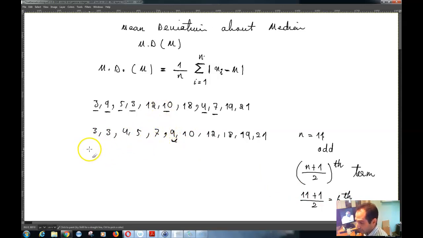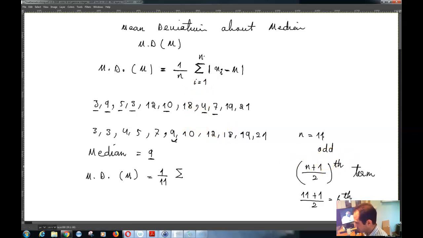So that means that the median of your data is 9. So then the mean deviation about the median is equal to 1 divided by n, which is 1 divided by 11, times the sum of |x_i minus M|.